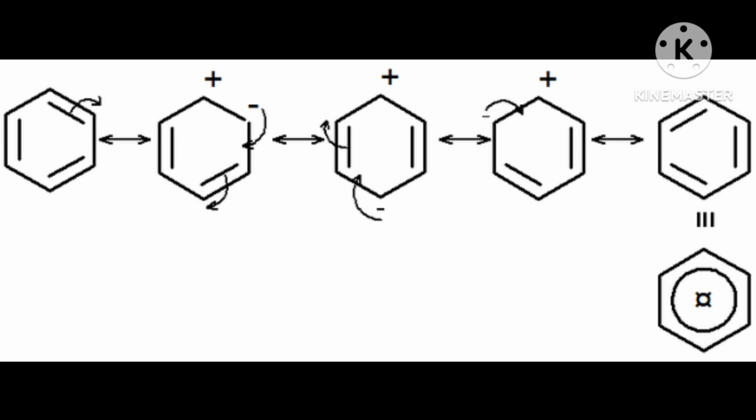But in extraordinary conditions, the hybrid structure of benzene can also go for addition reaction, but only in a special extraordinary condition, not in an ordinary way. In the Kekulé structure, it could go that way ordinarily.